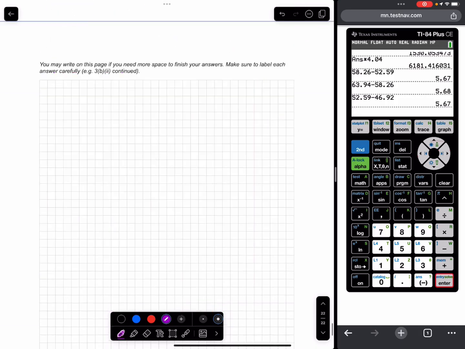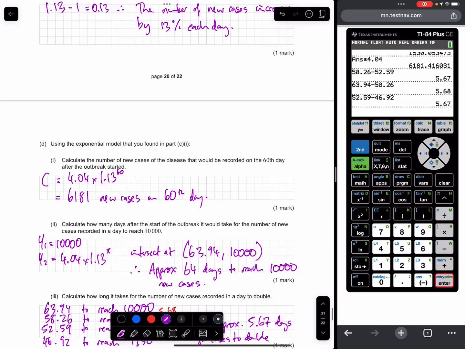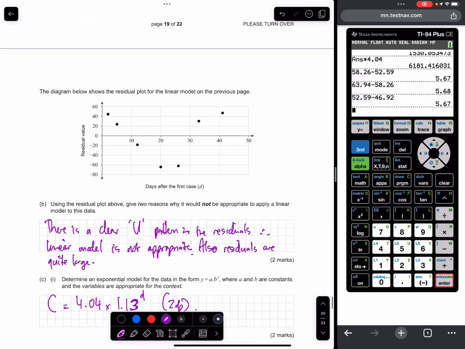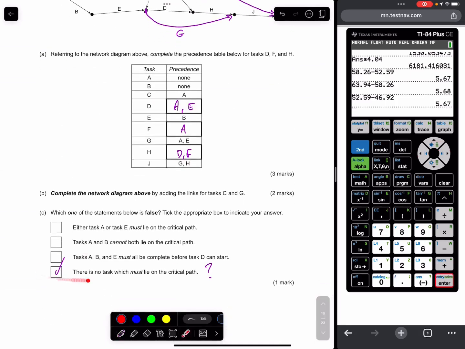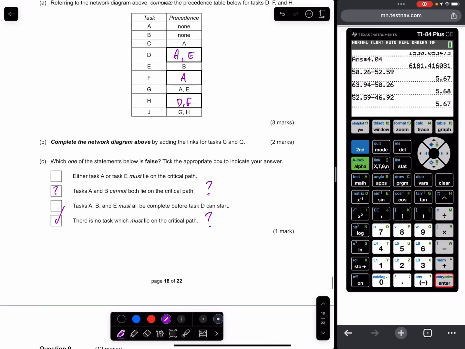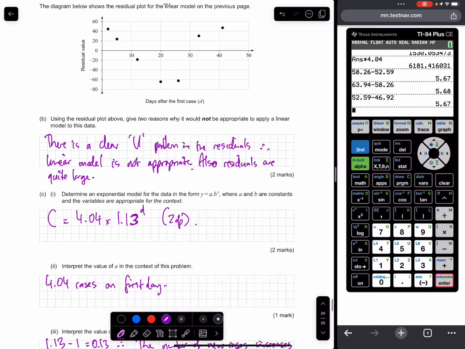Okay, that's page 21 done. 22 is blank graph. This question was a little iffy. It's either out of those two, question mark, but it's only 1 mark, so it's not too bad. The rest of it seems fine.